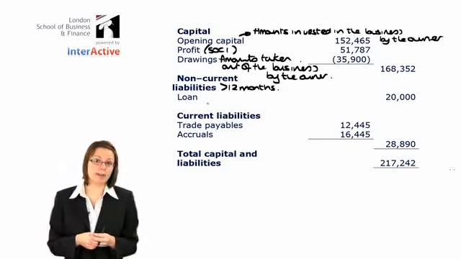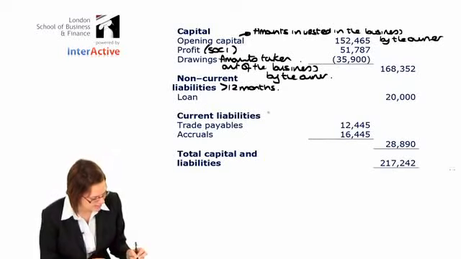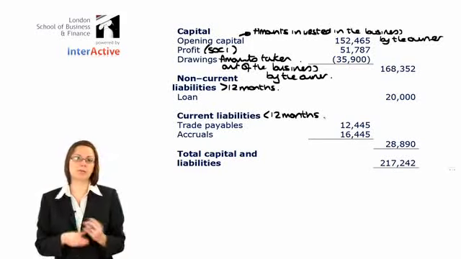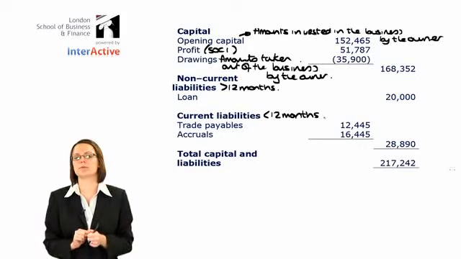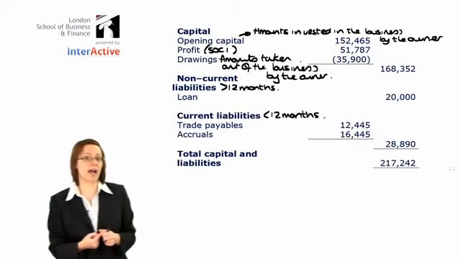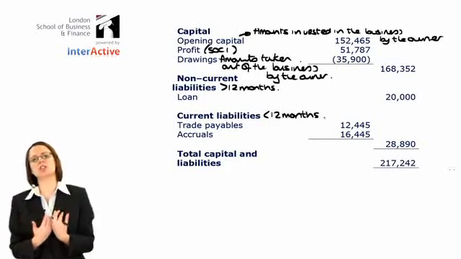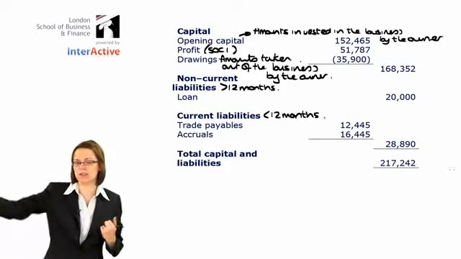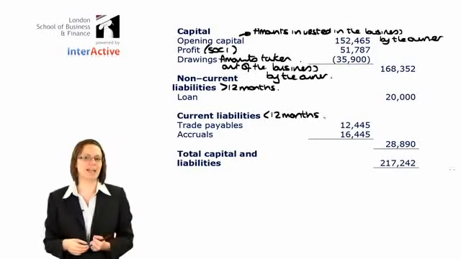Finally, then we have current liabilities, that is obligations falling due in a period of less than 12 months. Okay, so people who we owe money to in the next accounting period. Well, the first thing we could have is trade payables. So if we purchase goods on credit and we promise to pay the supplier later, well, we have got to pay that supplier, let's say, within 60 days.